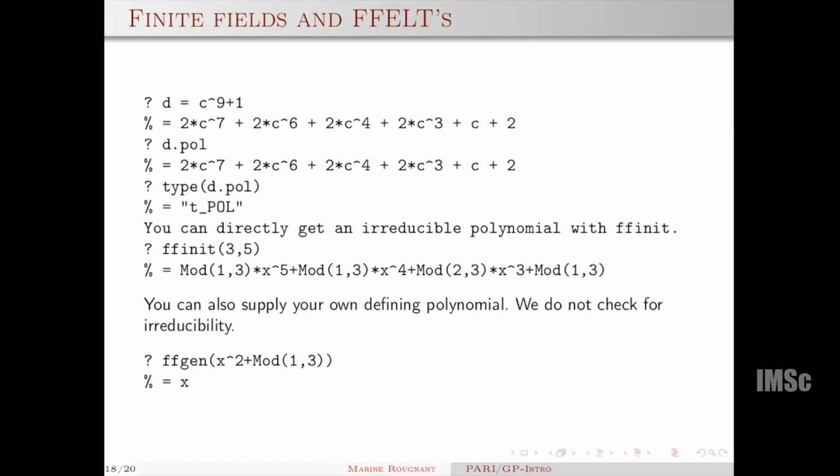So with ffinit, you get a polynomial. With ffgen, you get a generator of the finite field. Just be careful here. Your polynomial must have coefficients in Z mod pZ. So either you write the last coefficient with the mod stuff, or you write your polynomial and at the end you multiply everything by 1 mod p.